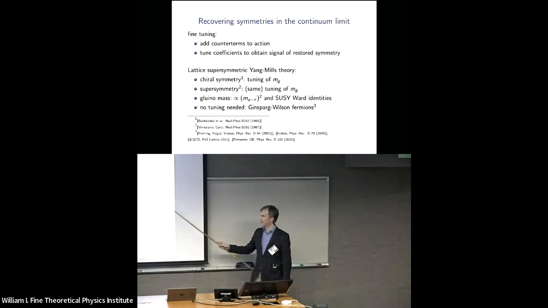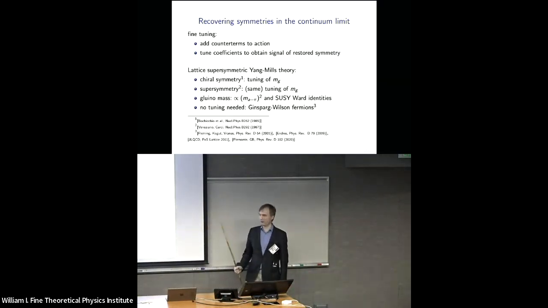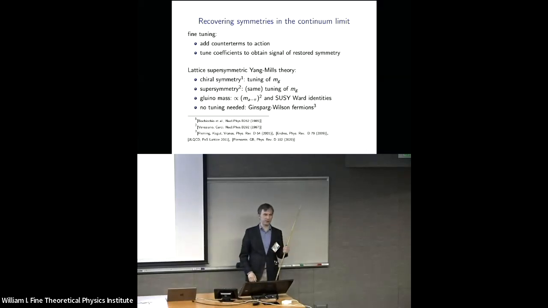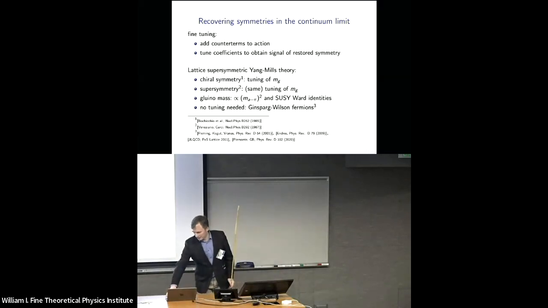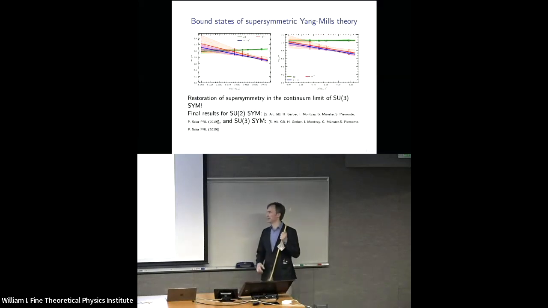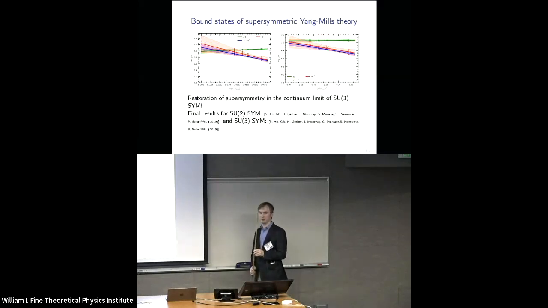Actually, the fact that chiral symmetry is enough to recover supersymmetry in this theory also means that if you have some formulation with chiral symmetry on the lattice, like what are called Ginsparg-Wilson fermions, then you don't need any fine tuning. But these kinds of fermions turn out to be very expensive to simulate. Therefore, they are usually not suitable to extract information, especially for the bound state spectrum of the theory.